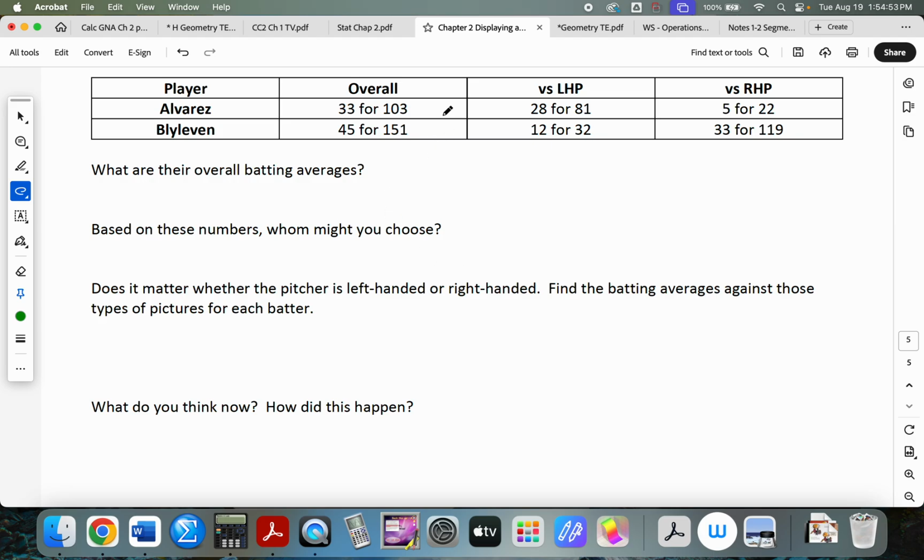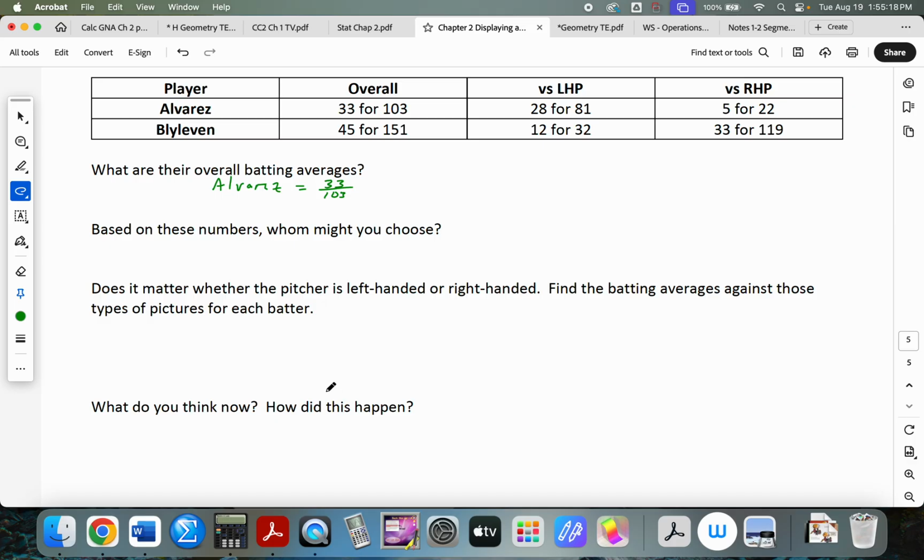So, first of all, we're going to find their overall batting averages. So for Alvarez, the way you find batting average, it's just like finding a percentage, except you don't multiply by 100.